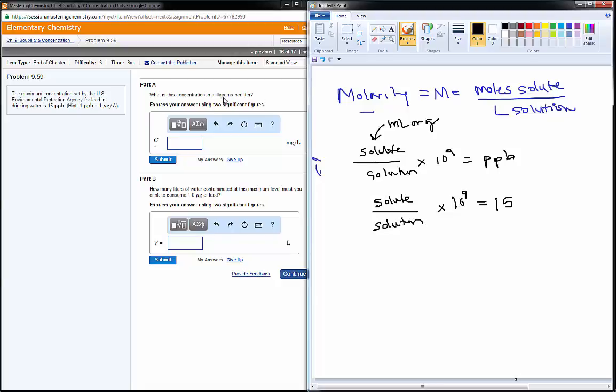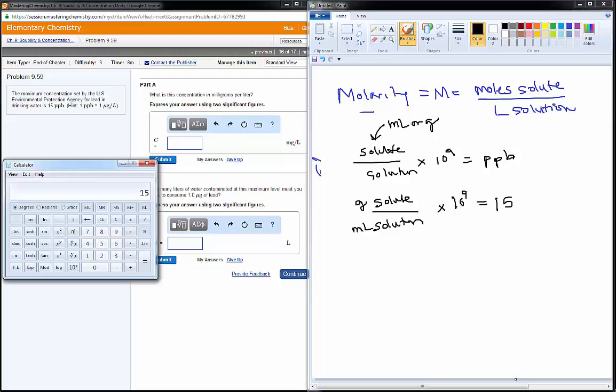And they want milligrams per liter. But if I do this, I've got to be grams or milliliters. So that would be grams, and that would be milliliters. So let's just solve for grams per milliliter. 15 divided by 1 times 10 to the 9th gets me 1.5 times 10 to the minus 8th.